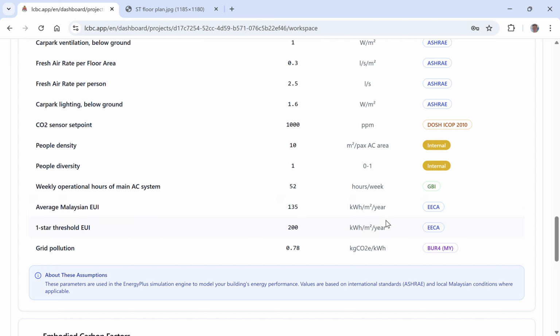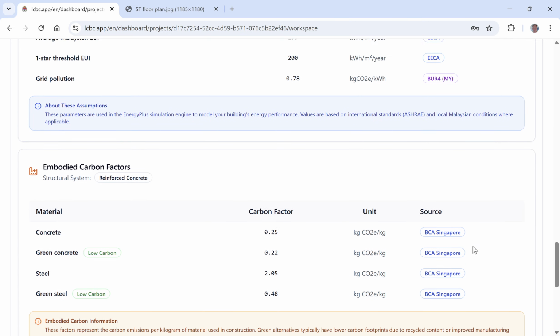And we have the thresholds for BEI or the EUI, the building energy intensity or the energy use index, which is essentially the same, set by the EECA. And we have the grid pollution factor of the TNB grid in Peninsular Malaysia in this case, and this is what was reported by Malaysia.